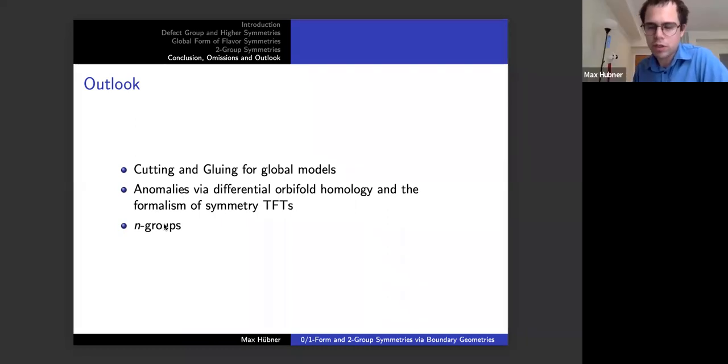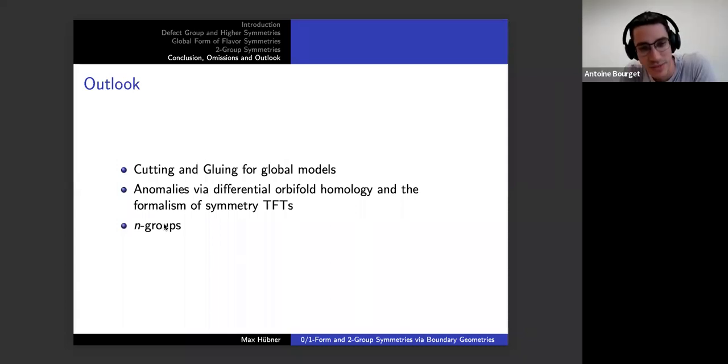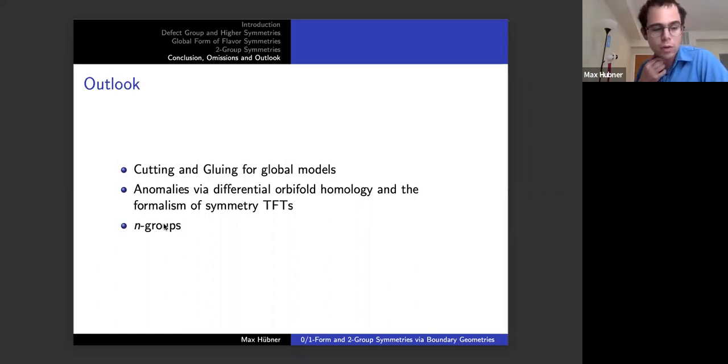The physical meaning of the torsion parts. Why do you take the torsion part and why don't you keep the whole homology groups? So intuitively, torsion arises like this. We want to study line operators, well, extended operators modulo screening.